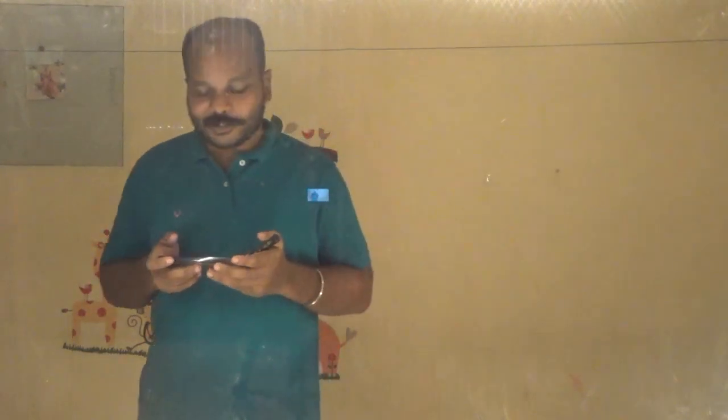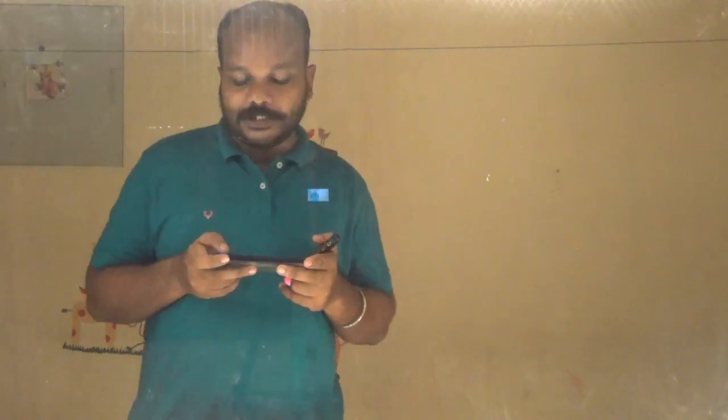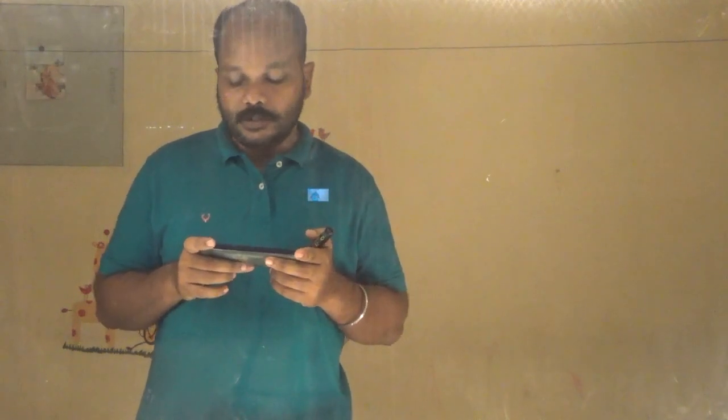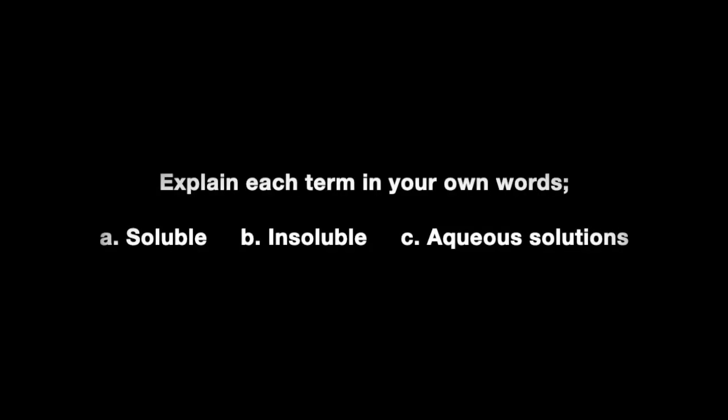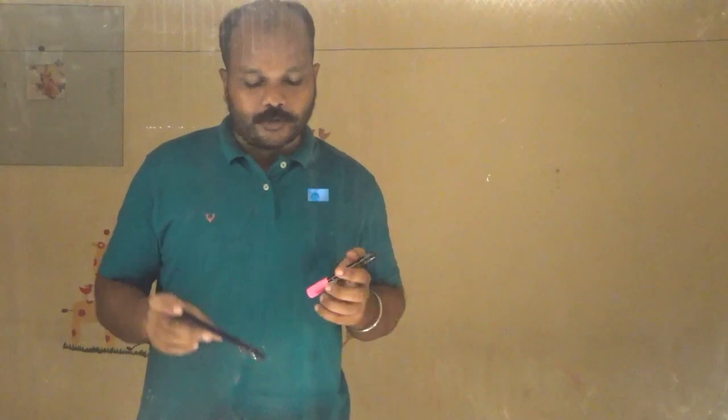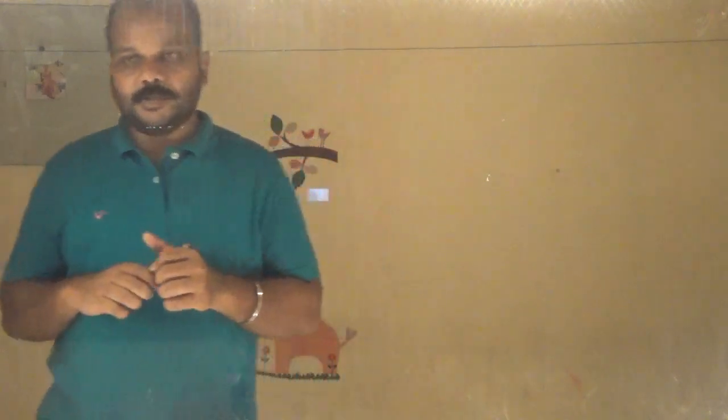So on page number 17, I will write the questions also in words. Explain each term in your own words: soluble, insoluble, and aqueous solution. Okay, we shall see what is meant by soluble.